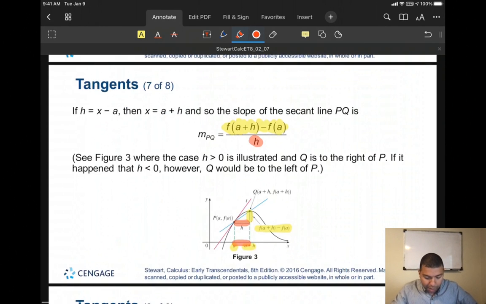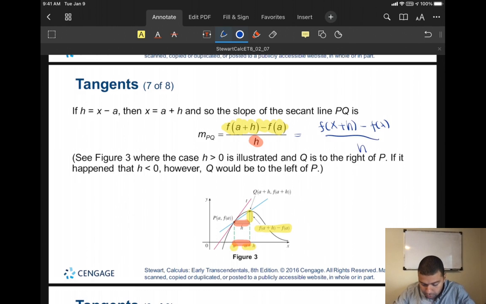It's another expression. I prefer this one most of the time. But it depends, it varies. And sometimes I'll even use one that's different. I'll say f of x plus h minus f of x divided by h. This way I get an expression in x and h, and I replace x if I need to.